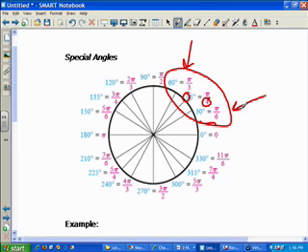Because now, if I want to start talking to you about a 120 degree angle, how many radians is that? I remember 60. 60 is pi over 3. I have to double 60, right, to get to 120. So if I double pi over 3, that's 2 pi over 3. So if you go out to the 120, notice it's 2 pi over 3.